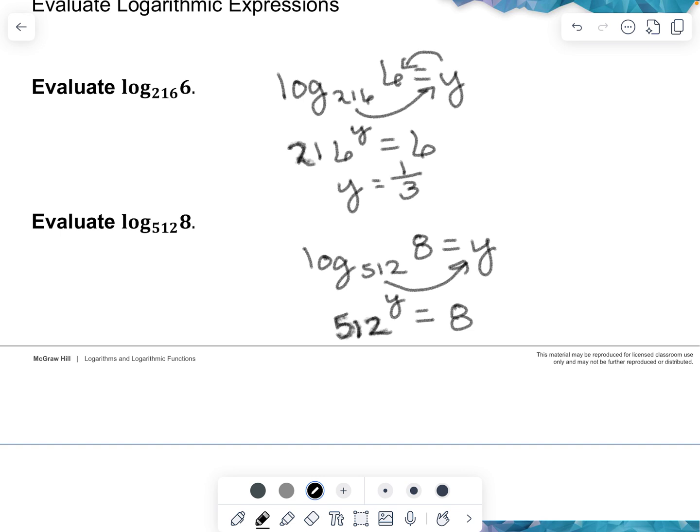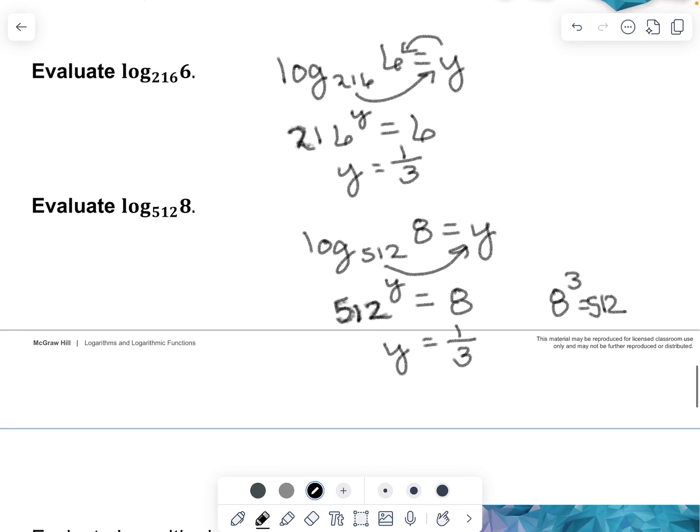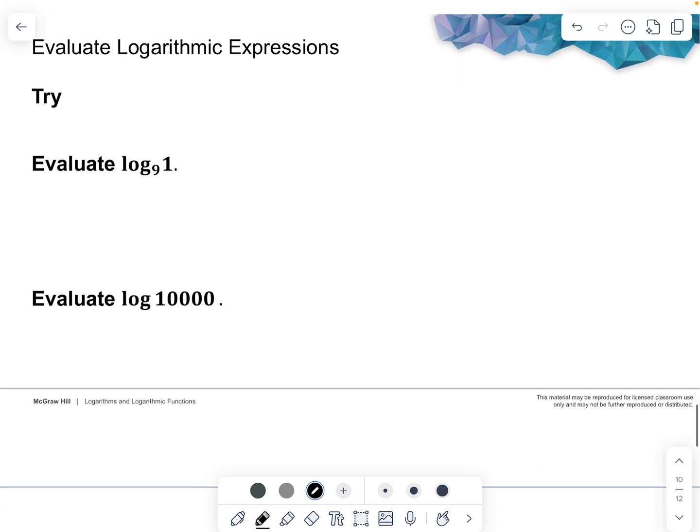Well, I know that 8 to the 3rd power is 512. So since I need a fraction, I know that this one is once again 1/3 because the cube root of 512 is 8. Why don't you try these two?